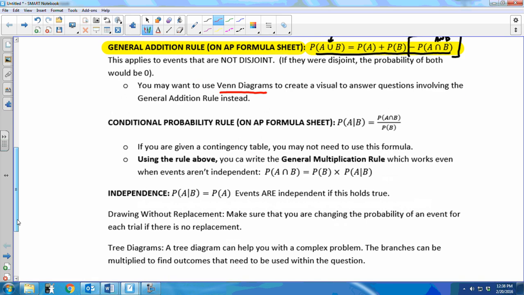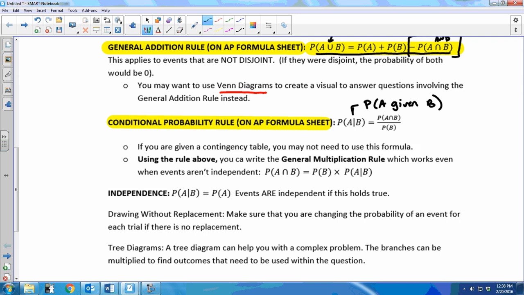Conditional probability. This is also on the AP formula sheet. The probability of A given B. So they're defining something for you: the probability of one event occurring, given that the other is already occurring.